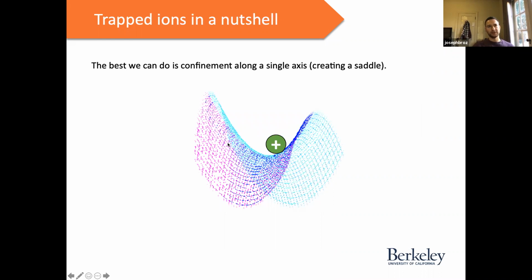What this is showing is the electric potential landscape, but you can interpret it the same way you would naively interpret it with gravity. It's a saddle, the ion is trapped along here, but it wants to fall down over here.